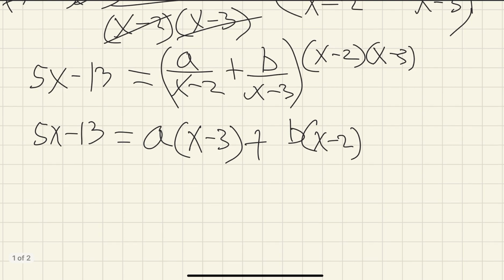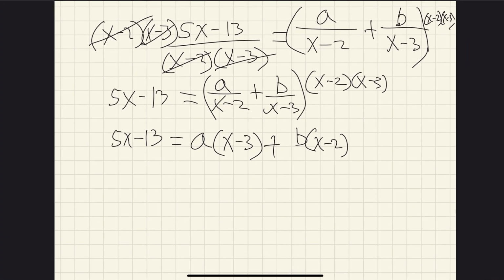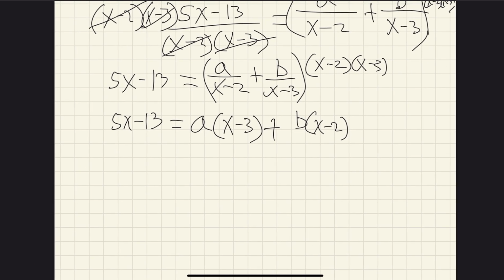So now, again, we know that our answer looks like this, but we need to figure out what the A and the B are. So what we're doing here is solving for A and B. Now we have it in the form that we want, and it's going to make it easier.